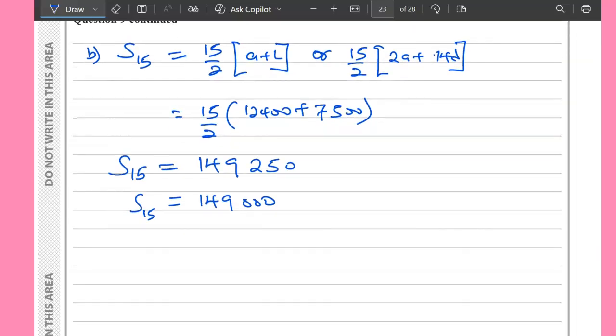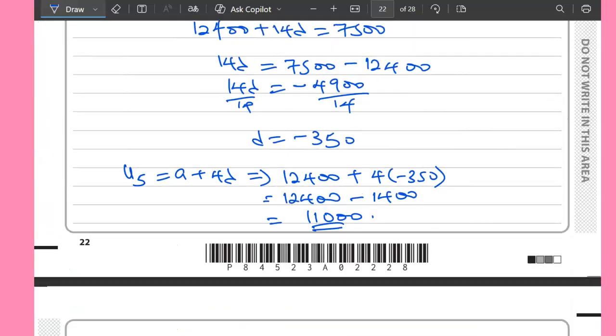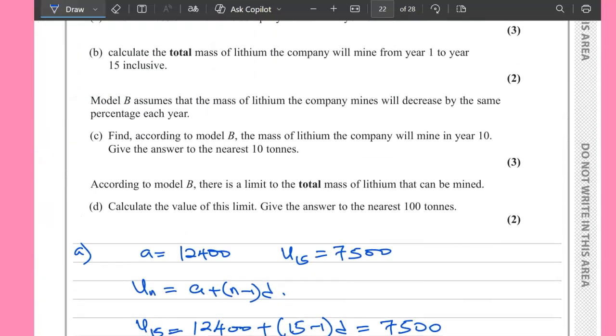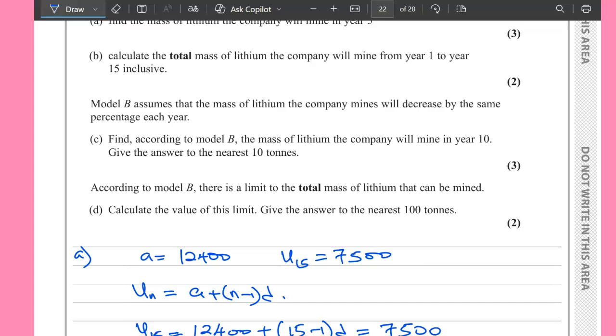We can also look at part C. Part C, going back to this, you're told that Model B assumes that the mass of lithium the company mines will decrease by the same percentage each year. Find, according to Model B, the mass of lithium the company will mine in 10 years.